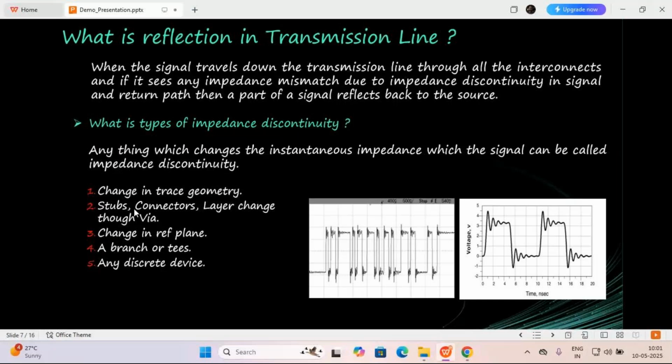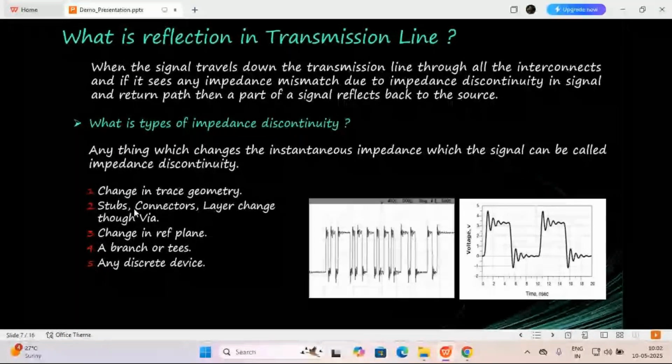In this case, the signal travels from point A to point B, and there is no impedance discontinuity. Impedance discontinuity means that by any means the impedance of the transmission line is getting changed. So how does the impedance of a transmission line get changed?